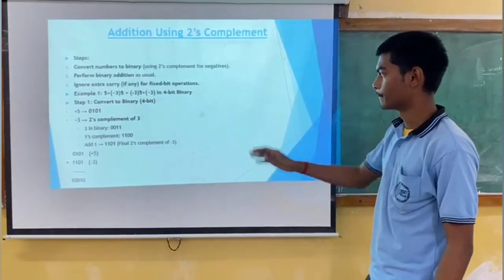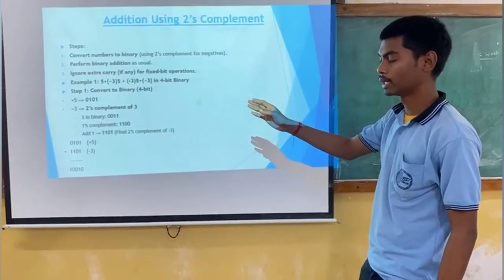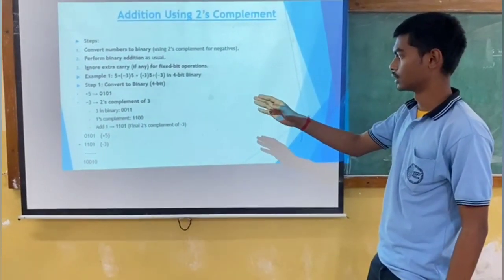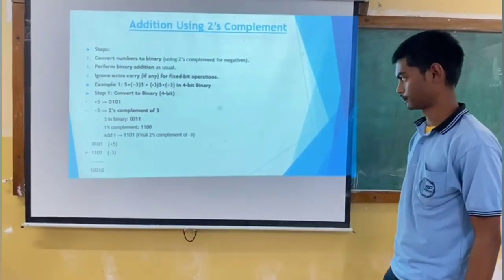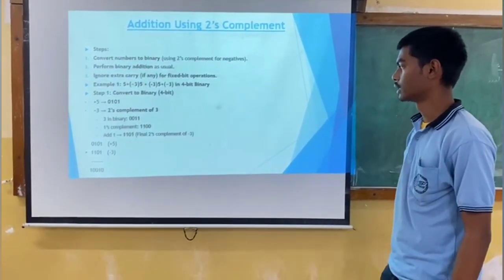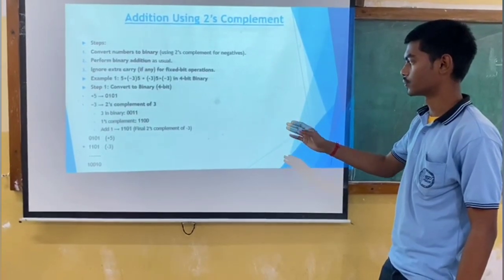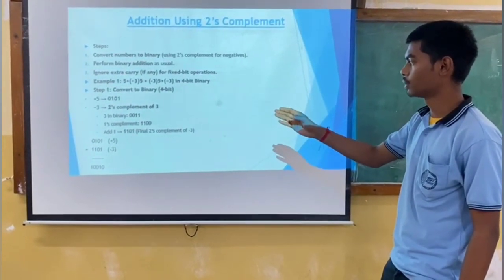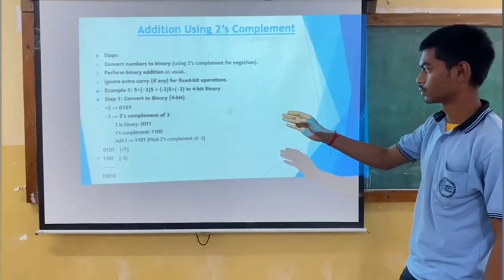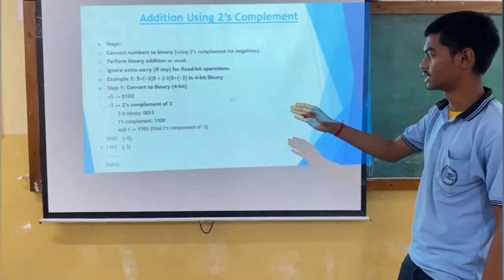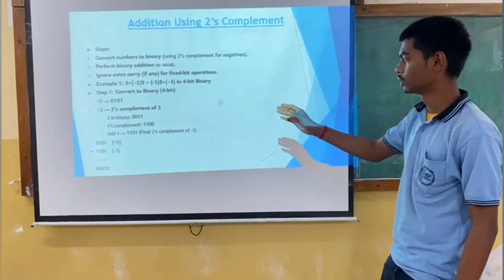Minus 3, the 2's complement of 3: the 3 in binary is 0011. 1's complement is 1100. For 2's complement we have to add 1 to get the result of 2's complement of minus 3.